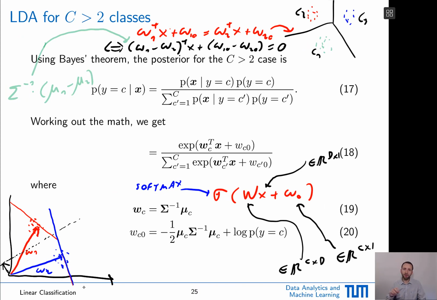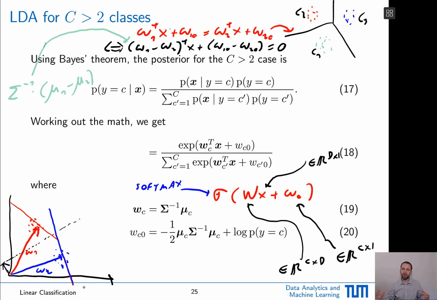This is usually the notation which is used nowadays in the modern neural network formulation. We usually don't do this per class individually, but we just have this matrix notation where we have all the parameters which we have to learn for all these different classes. We have our input and we have here also a vector.